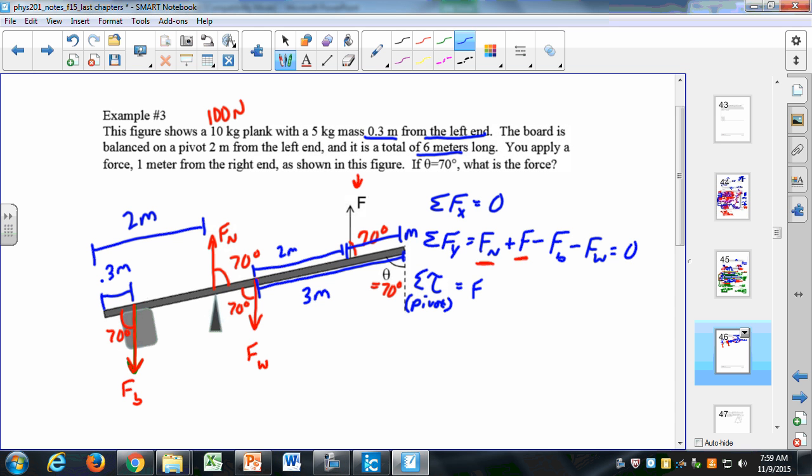What's that? This would be 3 meters? 2 meters. Yeah, you're right. So yeah, this distance here is 3 meters. Thank you. All right, so it's going to be F times 3 meters.